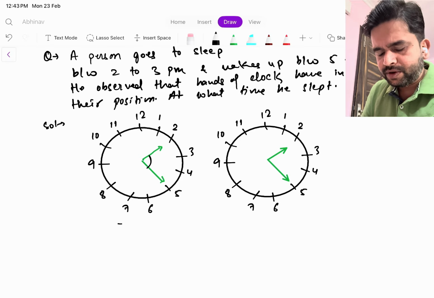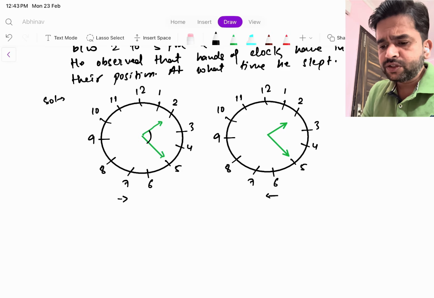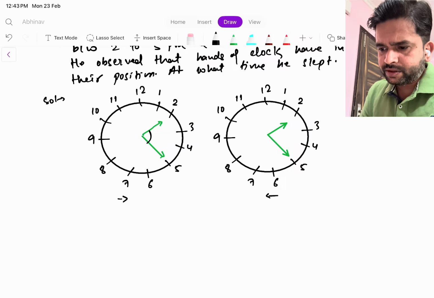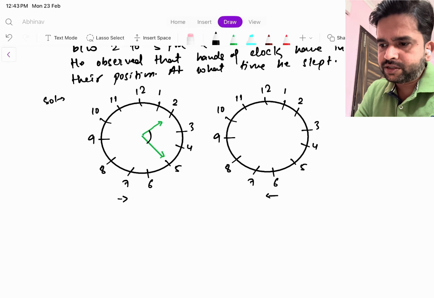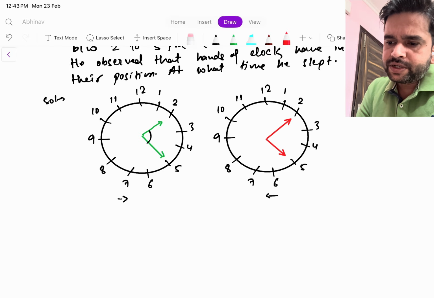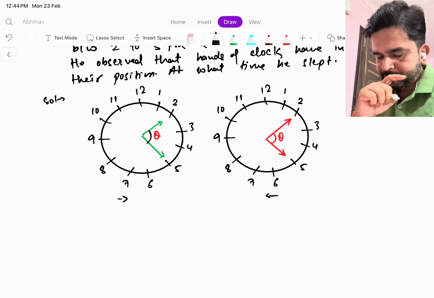So this is the time of going to sleep and this is the time of waking up. In this diagram the hour hand has to be a little shorter than the minute hand. So this is my minute hand and this is my hour hand. Now what is happening is that this theta and this theta are the same for these two conditions.